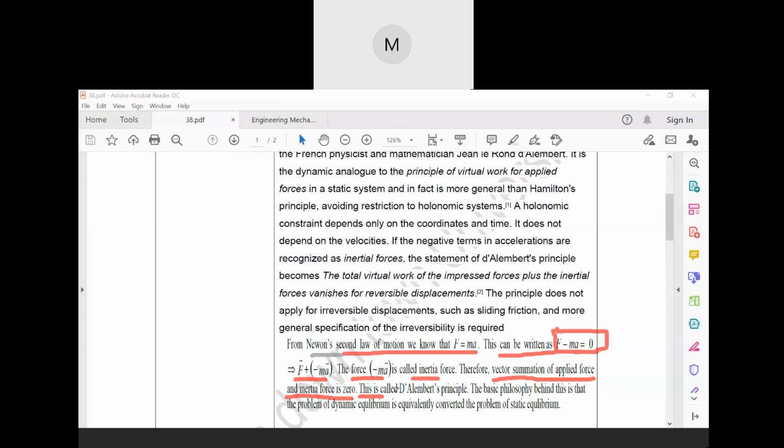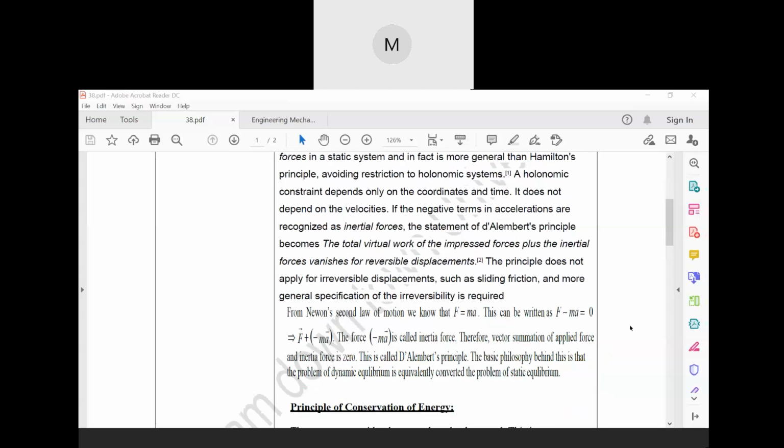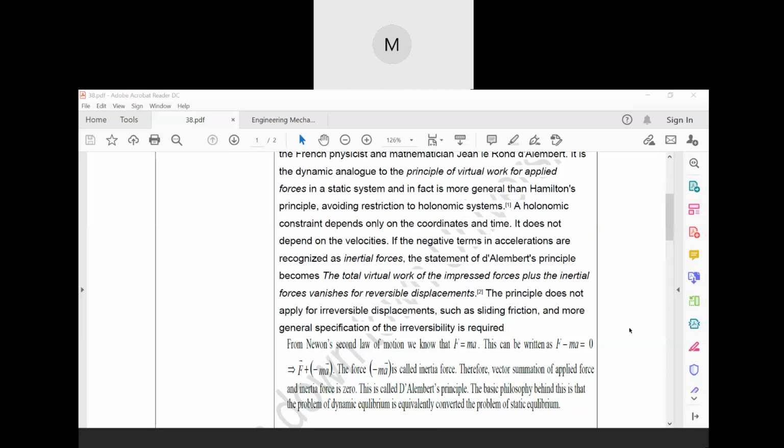The basic philosophy behind this is that the problem of dynamic equilibrium is converted to a problem of static equilibrium. So basically, in D'Alembert principle, this thing only exists.